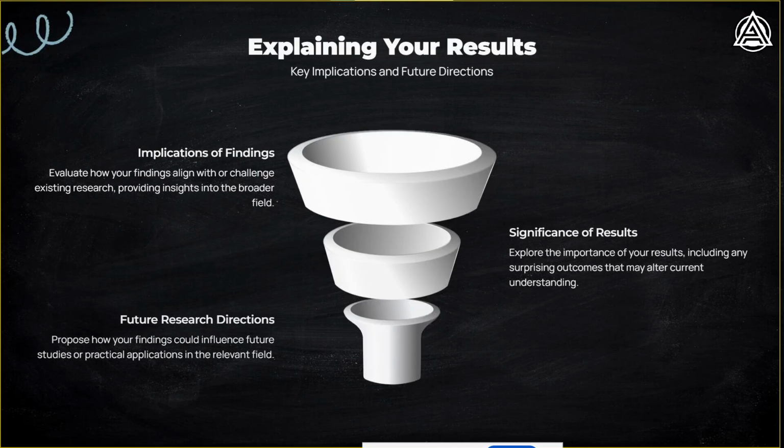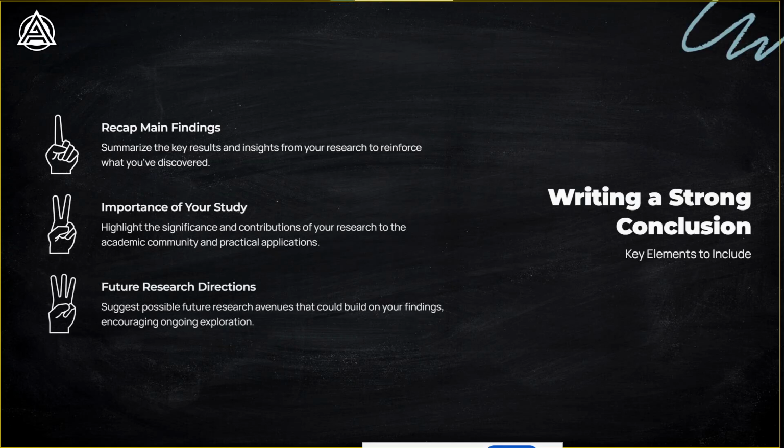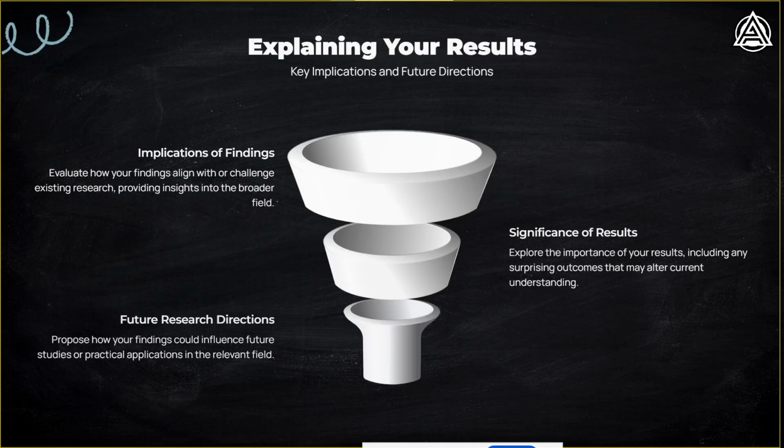Either you can add future research directions under the results section, or you can write your results with the first two pointers and write your future research directions under the conclusion part. I recommend writing it under the conclusion only, rather than under the results explanation.